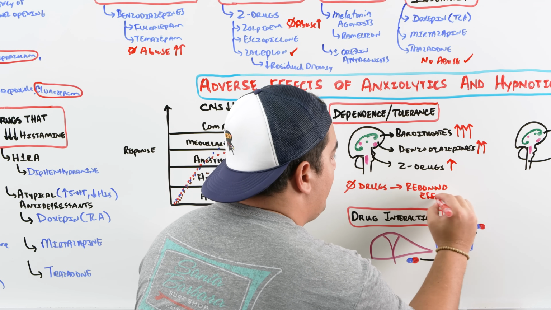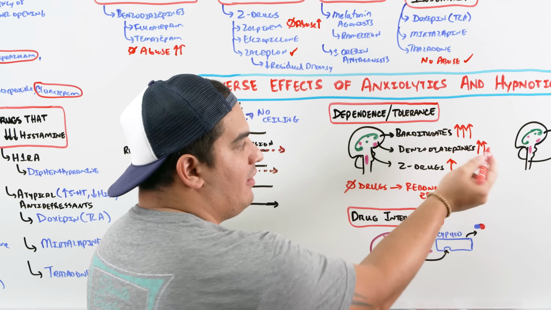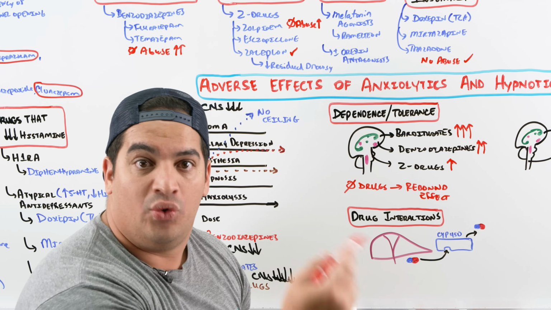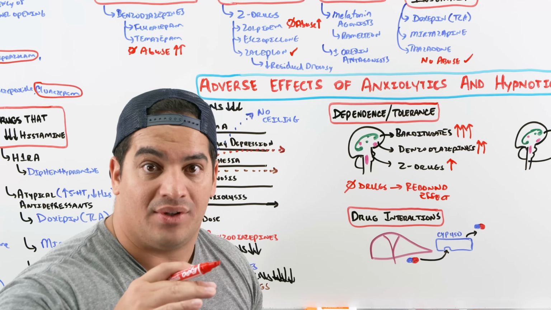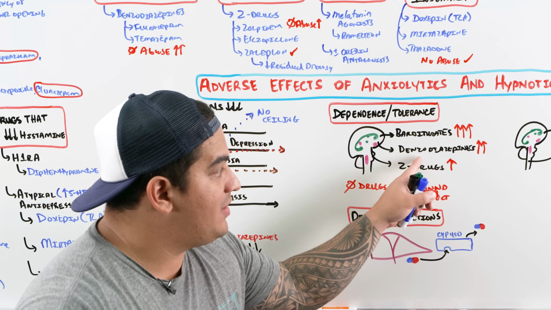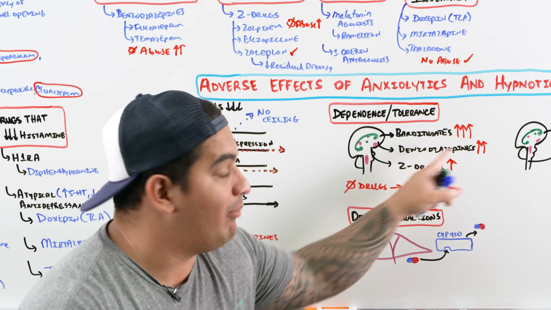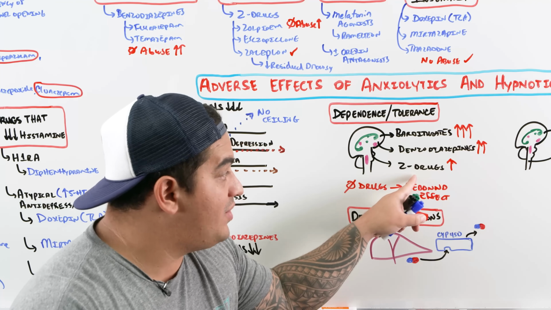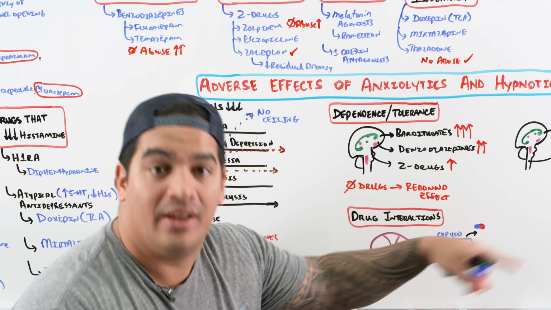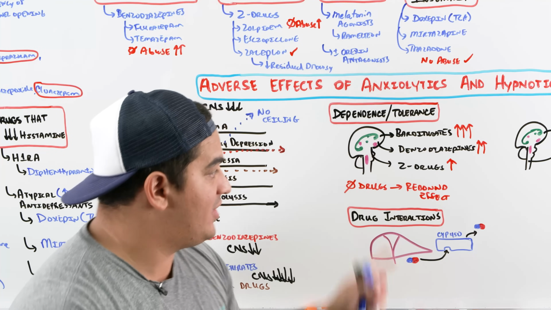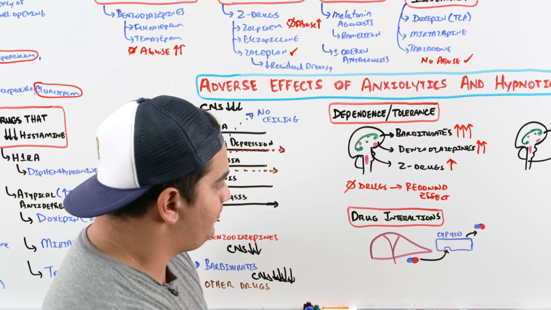In other words, if you abruptly stop barbiturates for a patient who's having seizures, they'll start having breakthrough seizures, right? If you stop benzodiazepines for hypnosis and anxiolysis, they're going to have problems with anxiety and breakthrough insomnia. If you're using this for insomnia and then you discontinue it, again, they will develop rebound insomnia. So that's an important effect to understand.